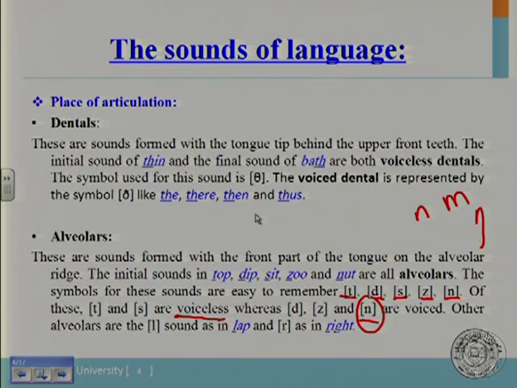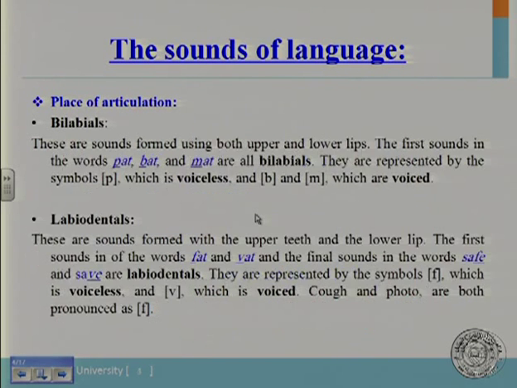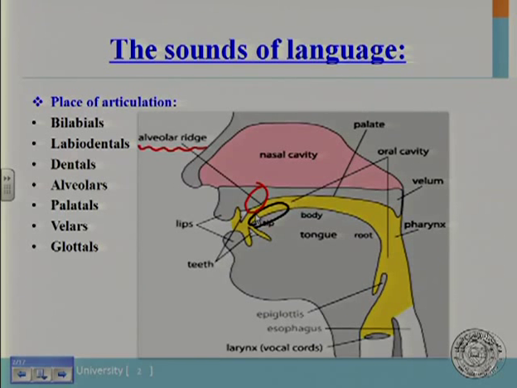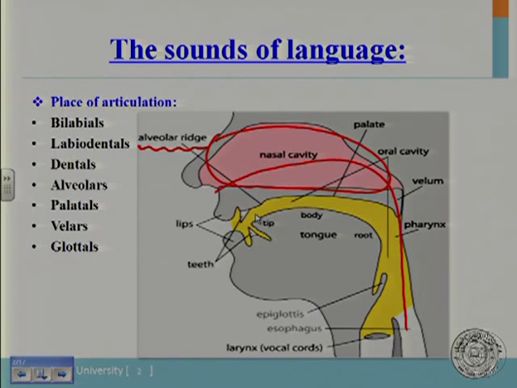Now these three sounds are called nasal sounds. Why? Because the nasal cavity is responsible. Here, this is the nasal cavity, where the airstream goes out of the nose. So the velum should come this side to open the nasal cavity, and the airstream goes out through the nasal cavity.